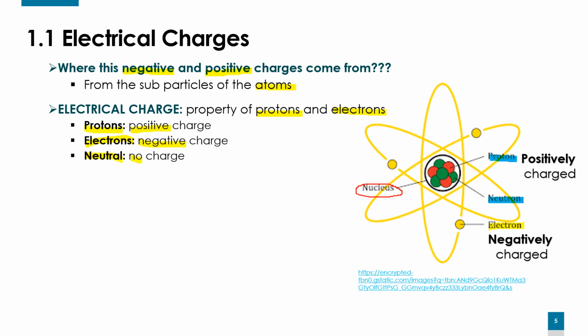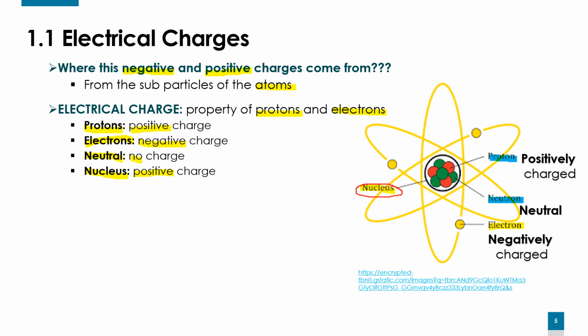Because neutron has no charge at all, but proton is positively charged, what is the charge of the nucleus? The charge of the nucleus is positive. Very good. So nucleus has positive charge. Why? Because nucleus has protons and neutrons.